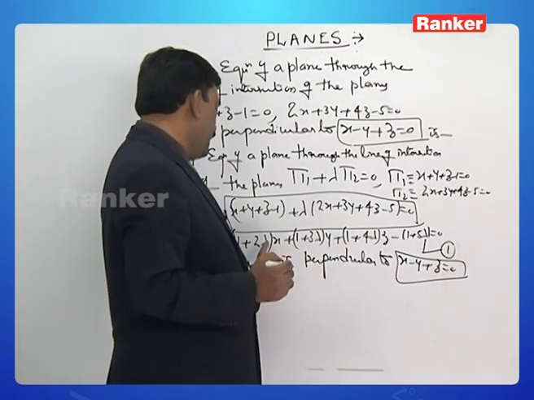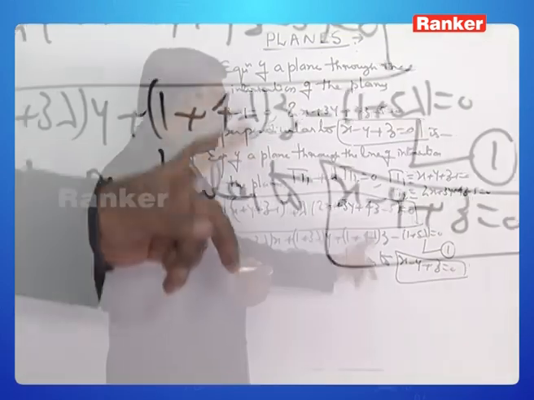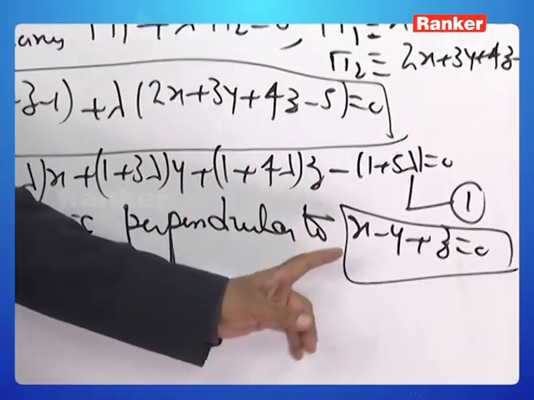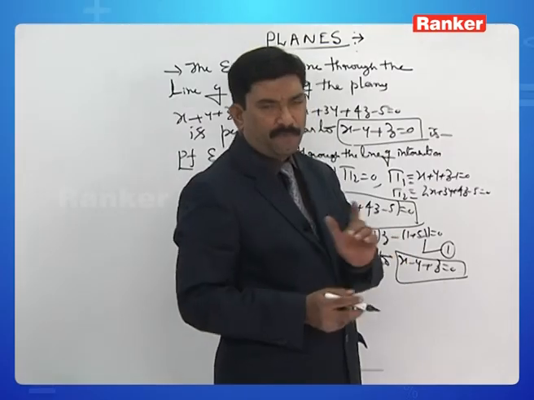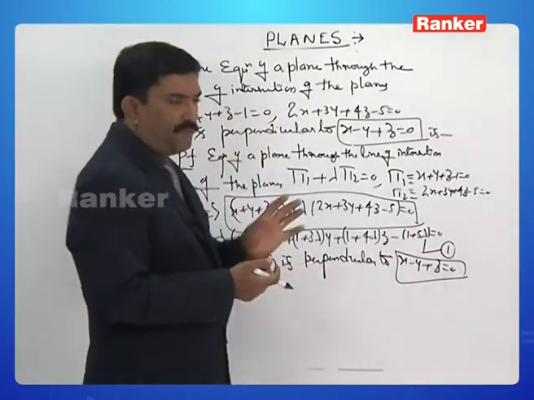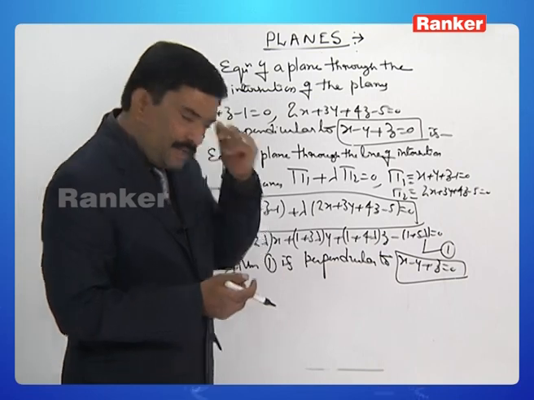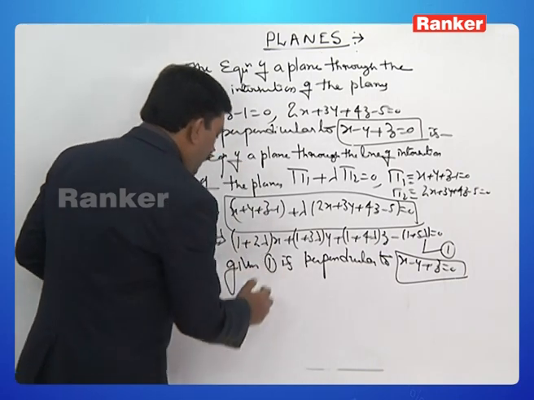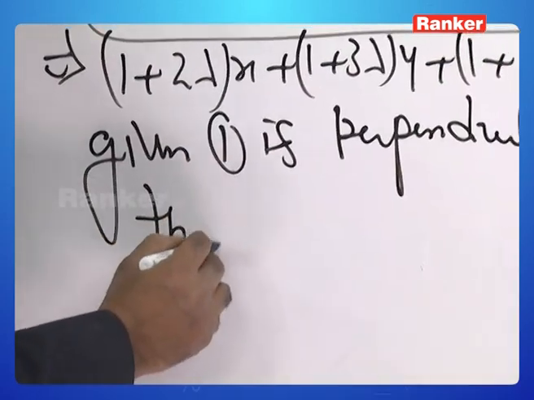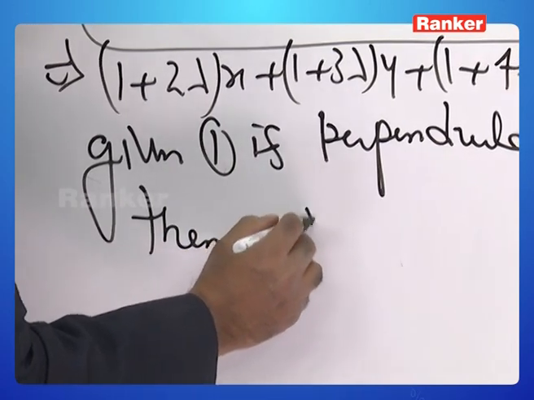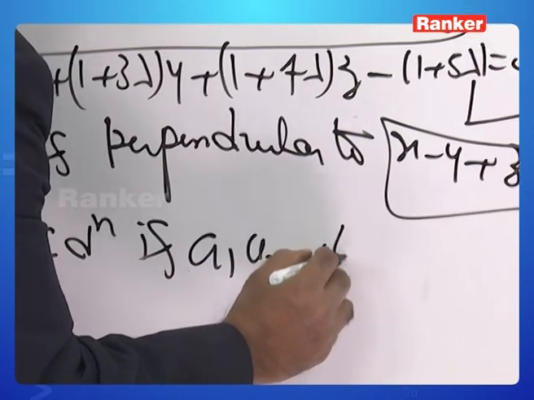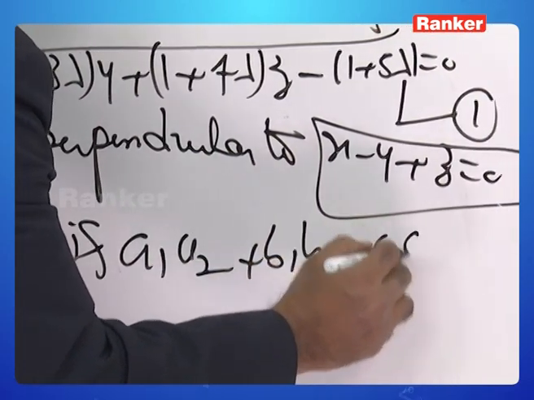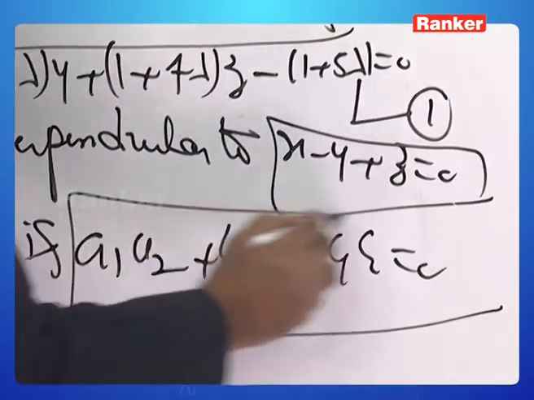If I take this as a2x plus b2y plus c2z plus d2, where d2 is equal to 0, then for perpendicular planes the condition is a1 a2 plus b1 b2 plus c1 c2 is equal to 0.